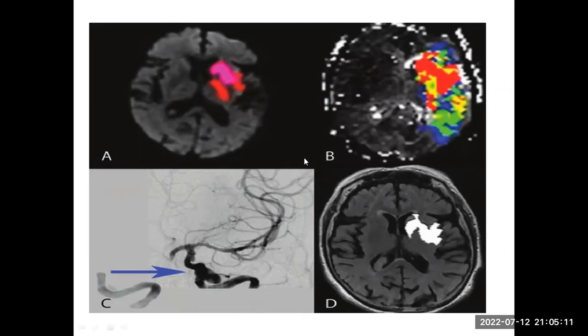And when we do diffusion-weighted MRI, diffusion-weighted tests in general, it evaluates and measures the movement of water molecules in the tissue. It shows how the water molecules are moving.